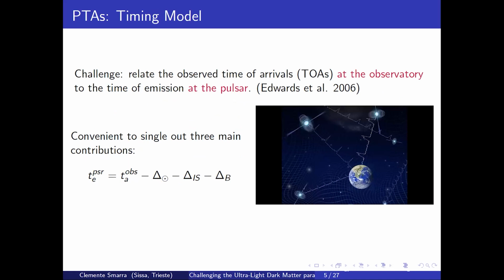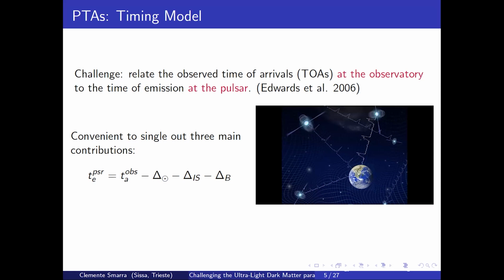The challenge in pulsar timing arrays is to relate the observed time of arrival at the observatory to the time of emission at the pulsar. The common way to do that is to divide the travel time of the pulse into some steps. First of all, as you can see from the relation, you relate the time of arrival at the observatory to the time of arrival at the solar system barycenter.